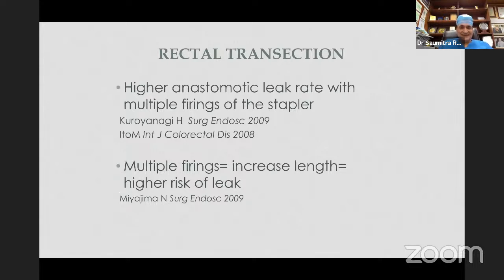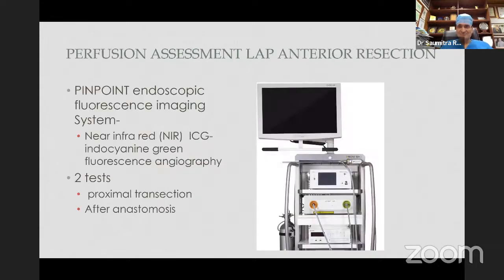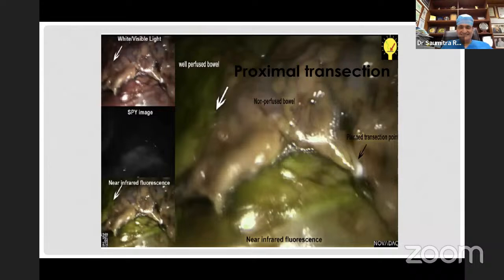This is the rectal transection. These are a couple of studies. Higher anastomotic leak rate with multiple firings. If it is more than 2, there are definitely a lot of studies which show a higher risk of anastomotic leak. This is again if you are using the ICG technique, putting ICG in the proximal transection and after the transection.